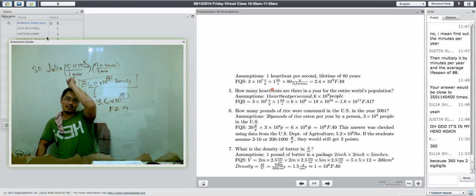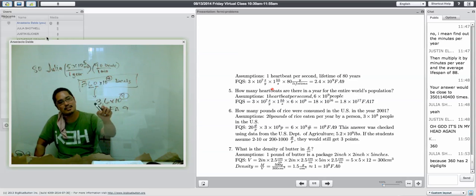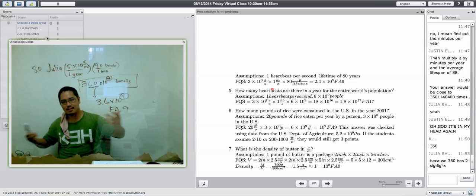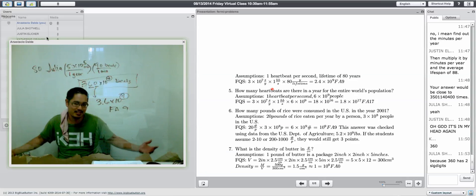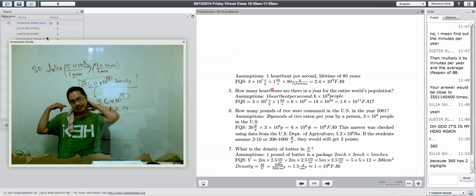I originally had 7, but it should be 9. And I was thinking, what's going on? But it's because I didn't convert this into scientific notation. Do you guys get it now? You understand what happened? I'm happy about this. I'm elated. It's time for me to end class because I'm so happy about it.